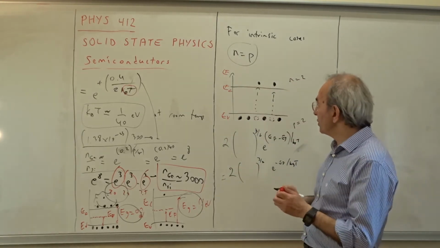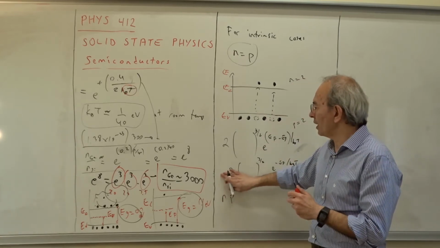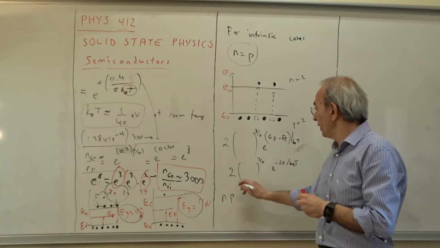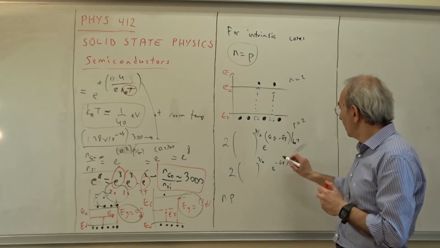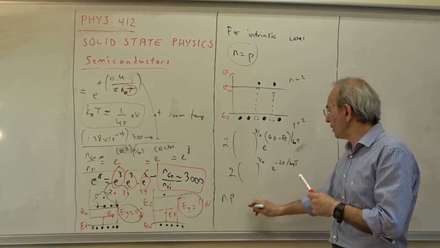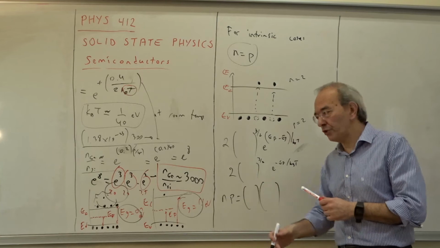But now we are interested in n times p, the product. If you multiply them, not making them equal but multiplying them, then there are some cancellations. What is that cancellation? e to the plus EF, remember that, n times p, some coefficient, sometimes the same coefficient.